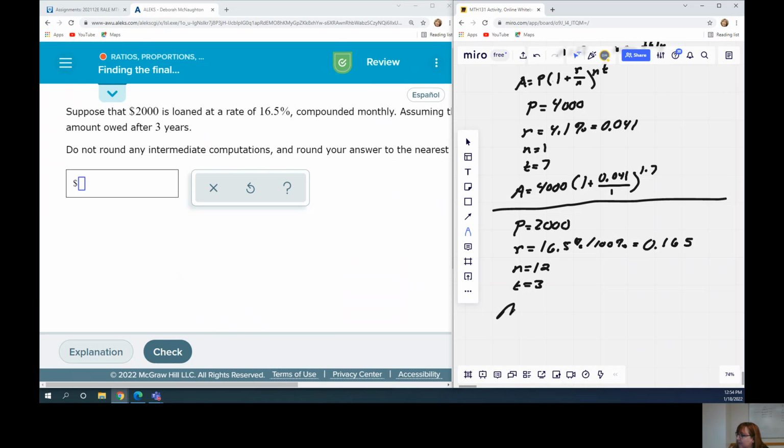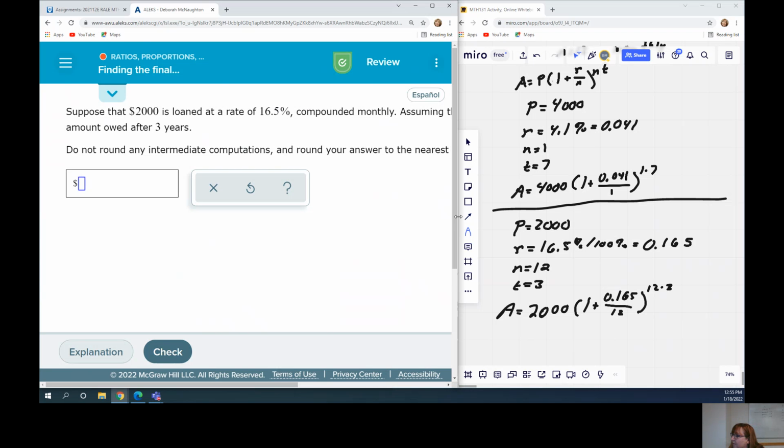So again, we'll put that into our formula. 2,000 times 1 plus 0.165 divided by 12, all raised to the 12 times 3.